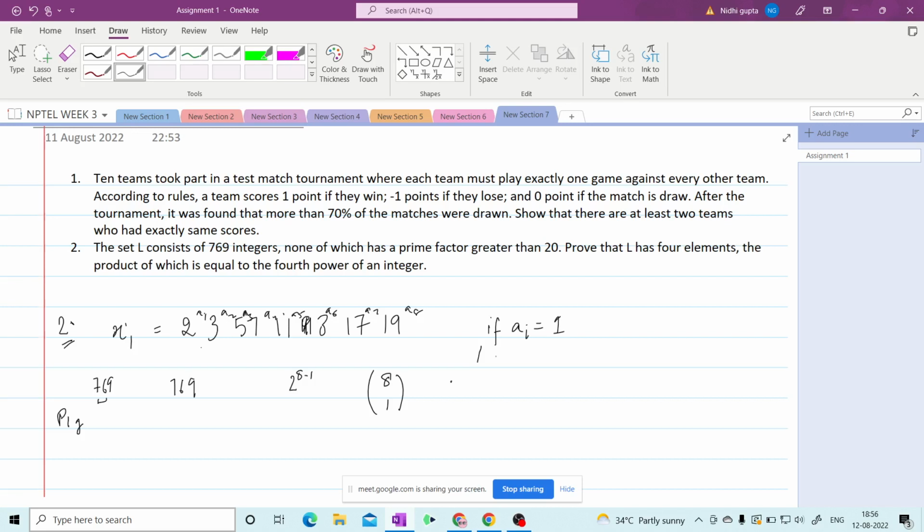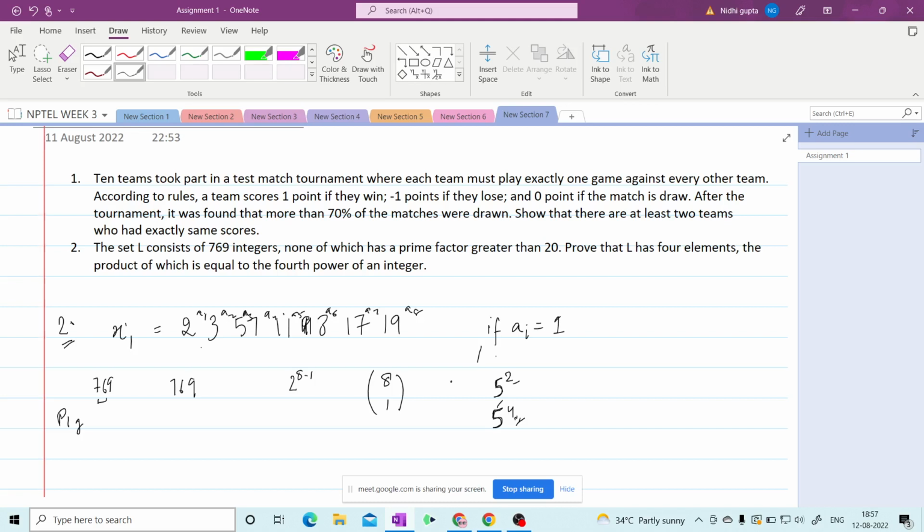But see, if you have an even power also here, like suppose 5 has a power of 2, and another number has power, say, 4. When you multiply, you get an even power, but you are not getting a square.